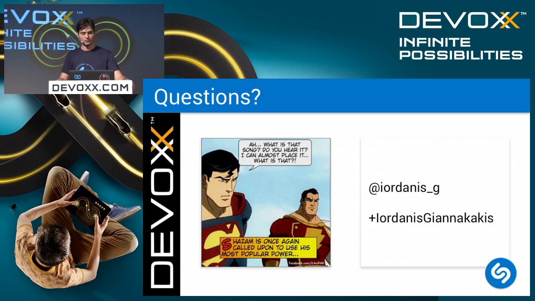The answer is yes, but it's something that probably I have to cover in a talk next year, because we haven't done that. I think it requires quite a lot of effort, which we just haven't had the resources to cover. But it's definitely something we're interested in. Performance is key for a time-critical application like Shazam.